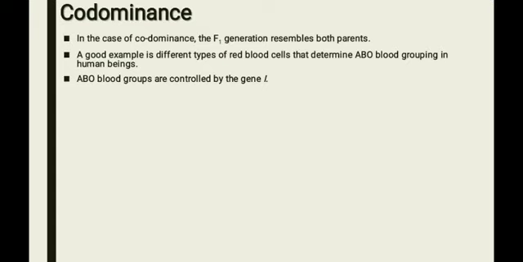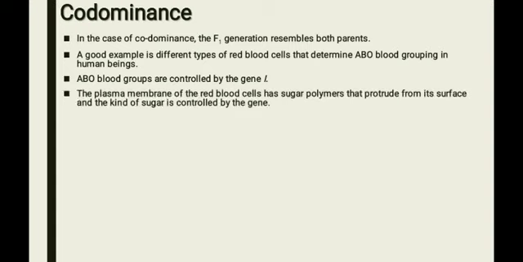A good example is the different types of red blood cells that determine ABO blood grouping in human beings. ABO blood groups are controlled by the gene I. The plasma membrane of the red blood cell has sugar polymers that protrude from its surface, and the kind of sugar is controlled by the gene.